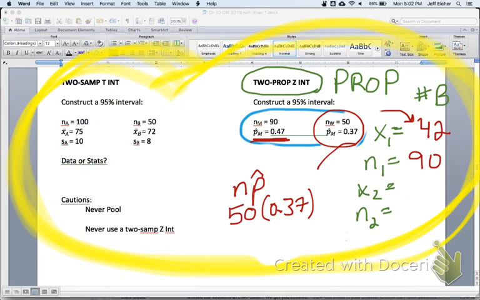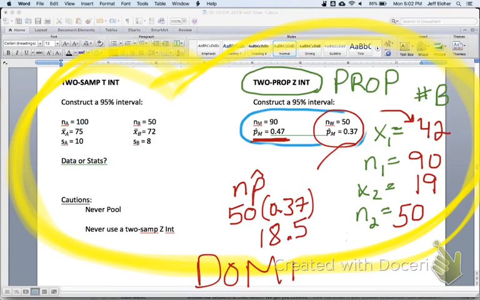And that's 18.5. 18.5 will round up to 19 successes. And we had a sample size of 50. And then lastly, it asks for confidence level, 0.95. Hit calculate. And I got a domain error.